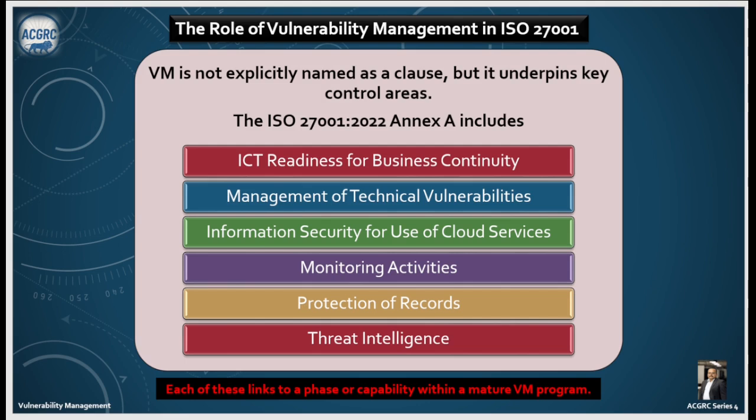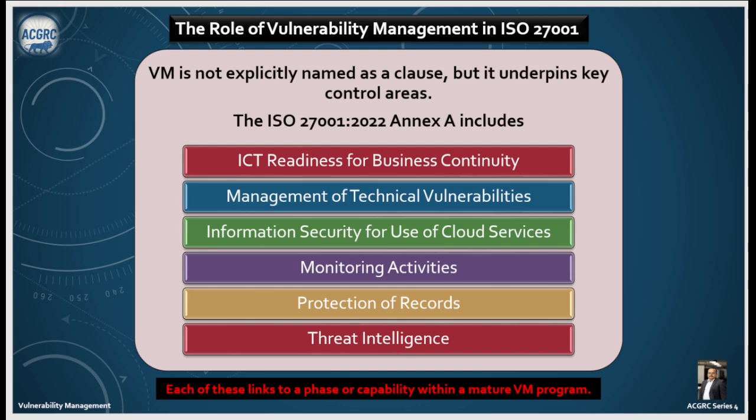Well, ISO 27001 doesn't give technical steps like a security tool manual. Instead, it gives you a management framework that supports VM through, as I said earlier, clause 6 is planning, clause 8 is operation. Clause 6, planning, encourages identifying vulnerabilities as part of your risk assessment.